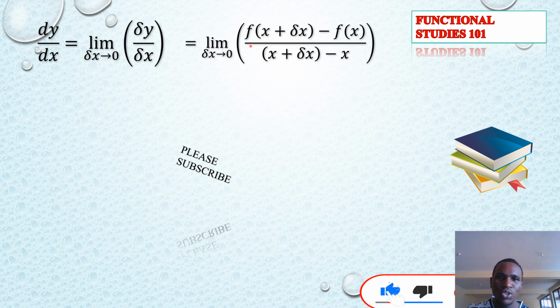So as x changes from x to x plus delta x, the y value will change from f of x to f of x plus delta x. This is my final value of y, and this is my initial value. Divide by the final value of x, x plus delta x, as we said. Those were the coordinates of point P. That's why I said that while you're following this lesson, make sure you go along with a book so that you will be copying down the notes.